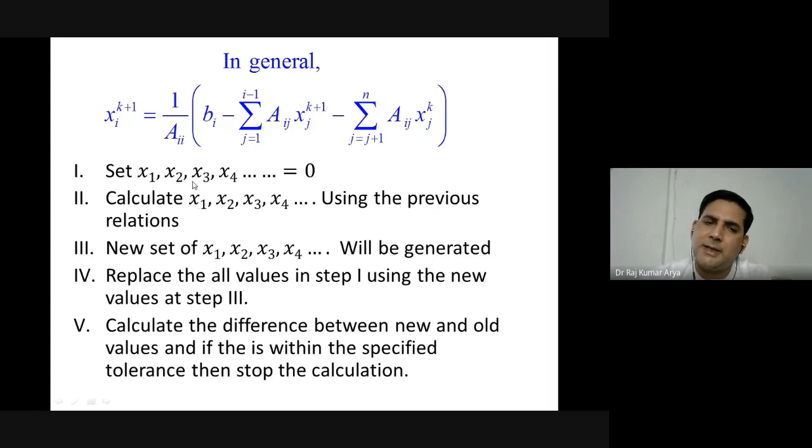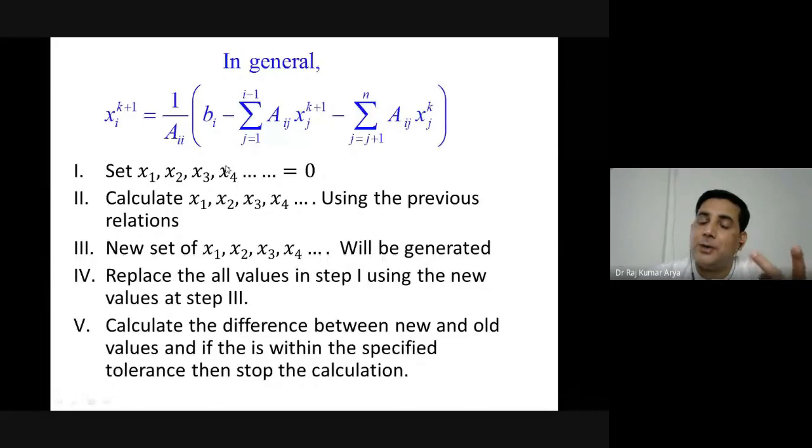The procedure is the same as the previous one. First you take 0, calculate x1, x2, x3 from the previous one. Now the relation here is the same, and a new set would be generated again. By the time you calculate the last value, you will have an all-new set. Go back to step 1 and keep on updating, and again check the tolerance.